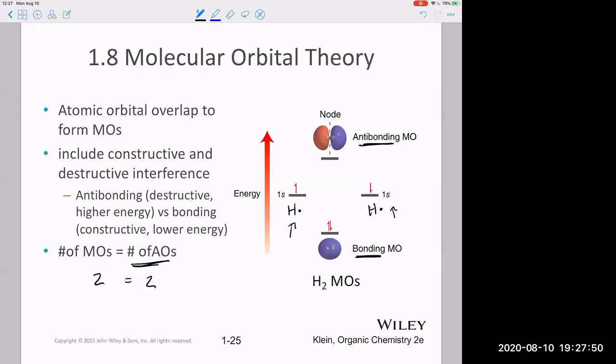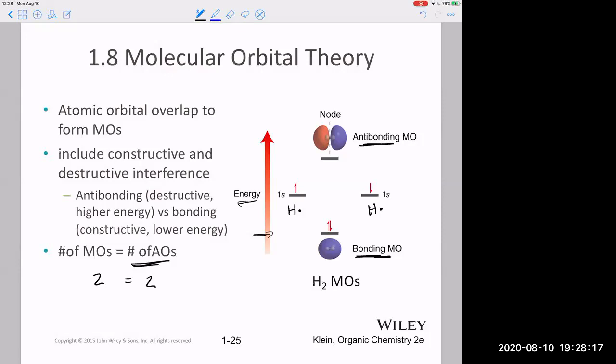One of those, the bonding one, is lower in energy. That's kind of confusing. Anyways, looking at the energy scale here, you see that it's actually lower in energy, that bonding orbital. And by lower in energy, I mean lower relative to hydrogen all by itself with its 1 electron and its 1 s, right? So there's a gap here, a decrease in energy.